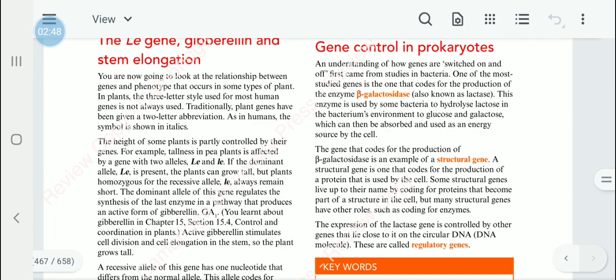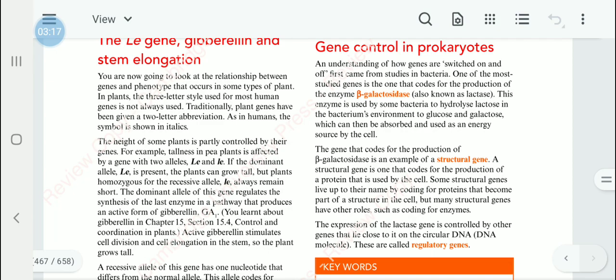What happens is the dominant allele, capital L simple E gene, will regulate the synthesis of the last enzyme that produces an active form of gibberellin. So when the capital LE gene combination is there, it regulates the synthesis of active gibberellin, right?